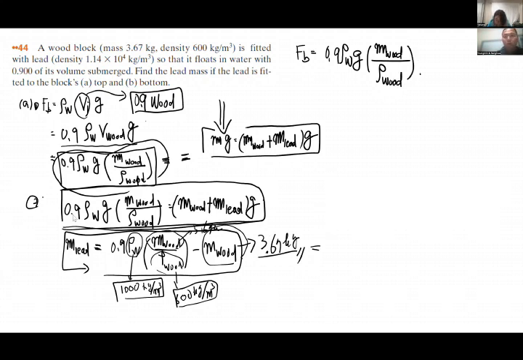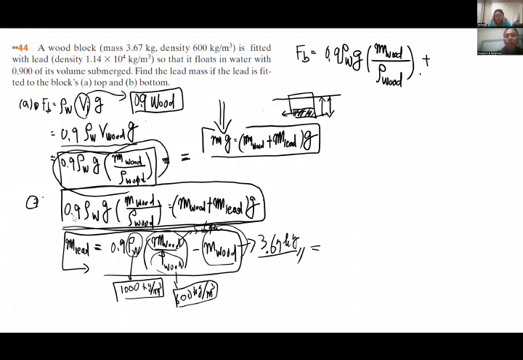But here, because you have water submerged and now you have the lead fitted in the bottom, that amount of water should be taken into account in the buoyant force.